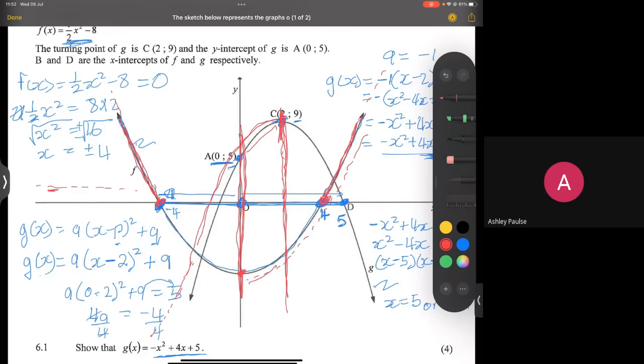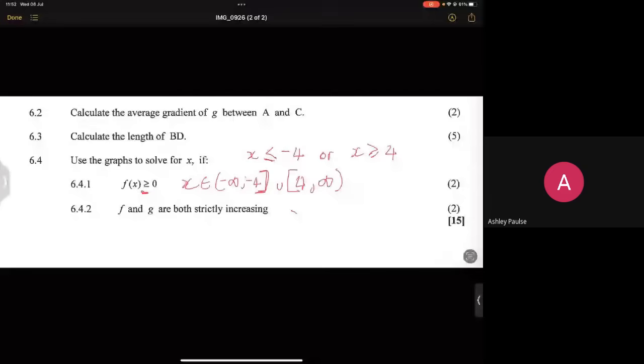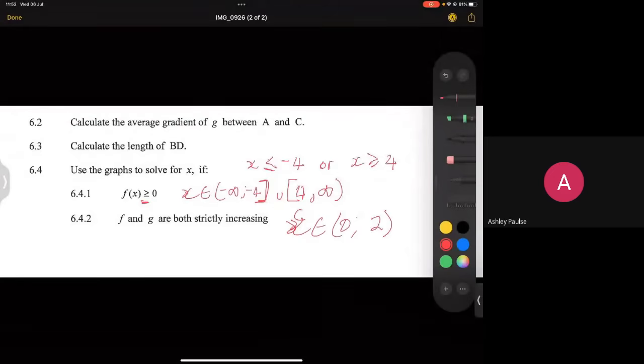There's no other point, right? So that would be x is an element of 0 up until 2. Okay, are we good, ladies? Did that make sense? Yes, sir.